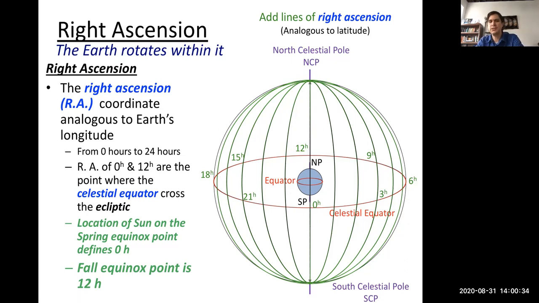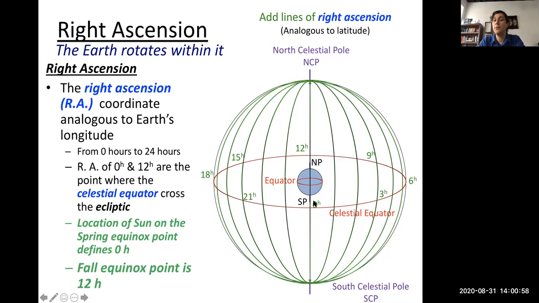However, the right ascension system, usually just called RA, is a little bit tricky because they do not define it by number of degrees that you're wrapping around the celestial sphere. That would make sense. What they do is they define it by number of hours you're wrapping around the celestial sphere, moving away from our 0 point.